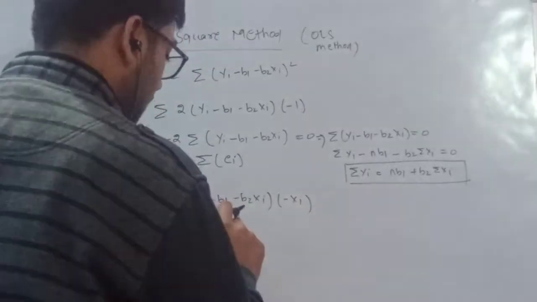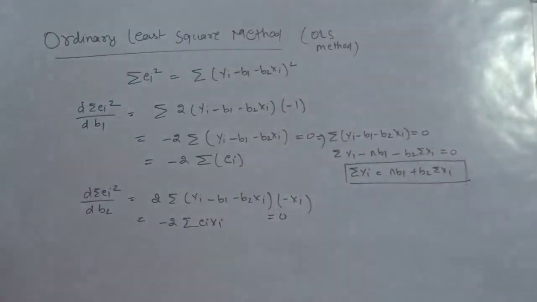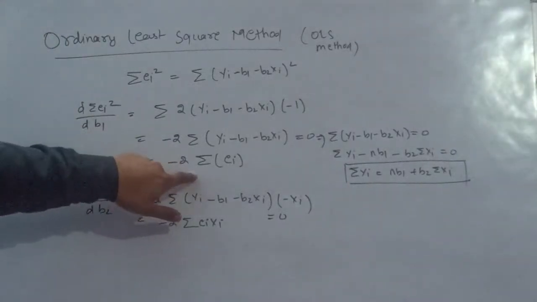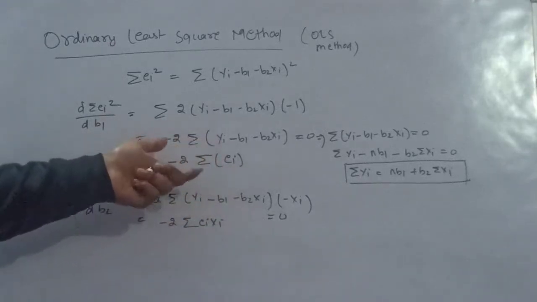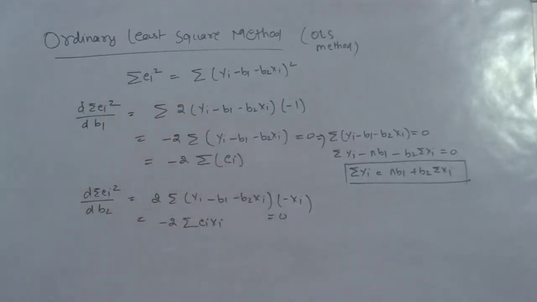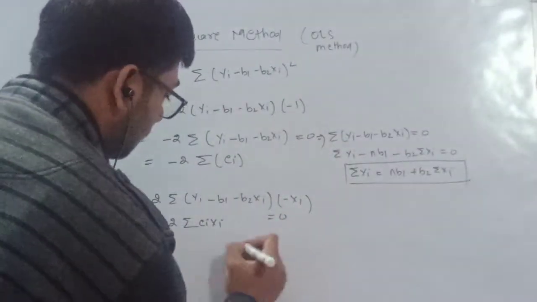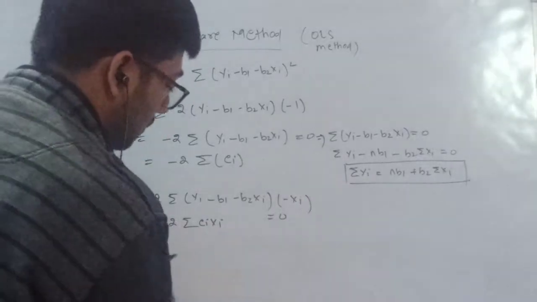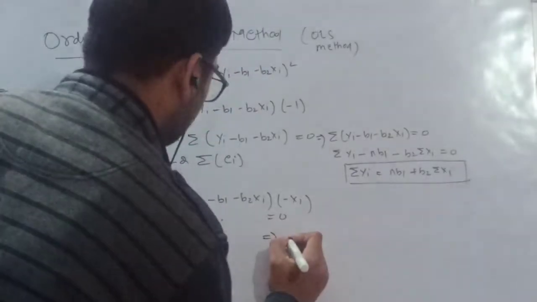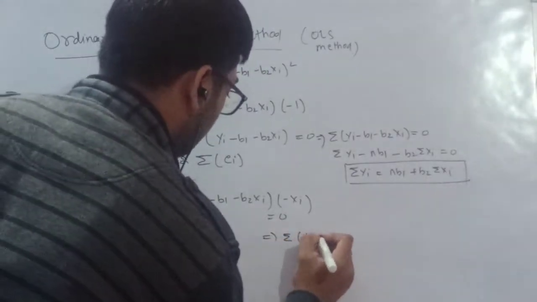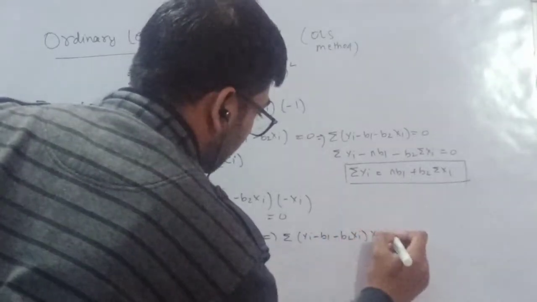So in this case also, put this one equal to 0, which implies summation Xi times (Yi minus b1 minus b2 Xi) is equal to 0.